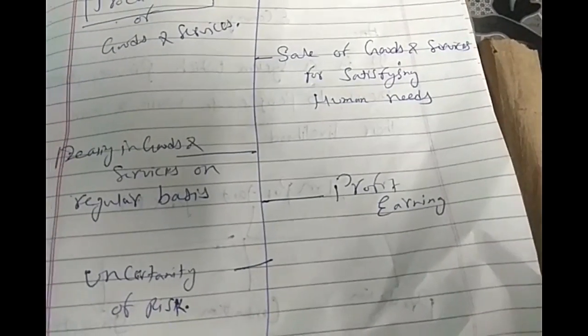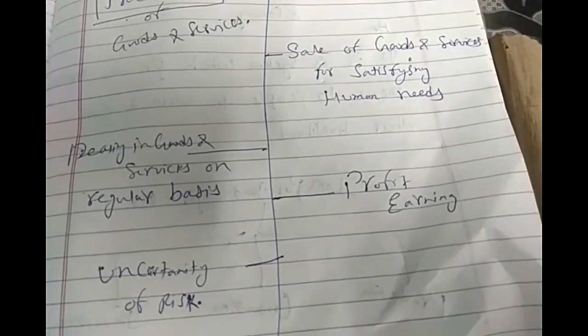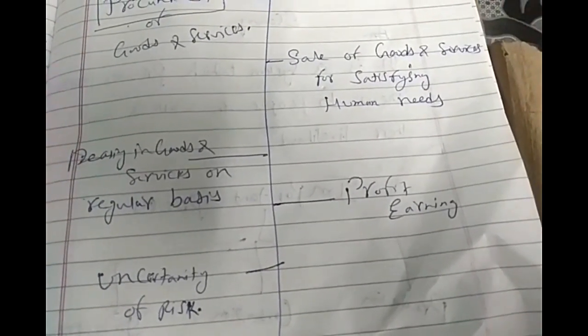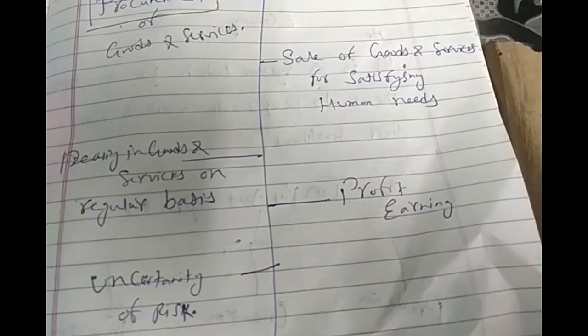That is clear. Next, an important feature: profit earning. Whatever goods are produced, procured, and sold, and dealt with the customer on a regular basis, these are not for providing as a social service.